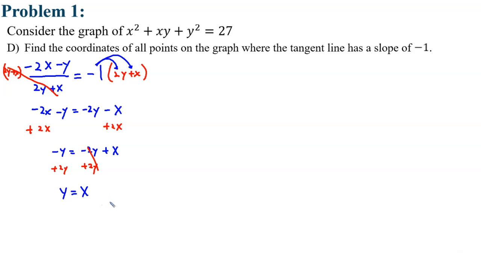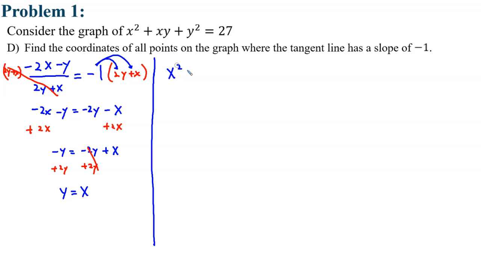Okay, so our coordinates are going to satisfy the two equations y equals x, and then also our original implicitly defined equation. So what we'll do once again is take our y equals x and substitute it in here. Now for this one I could substitute y for x or x for y, it really doesn't matter. Let's do it in terms of all x's.